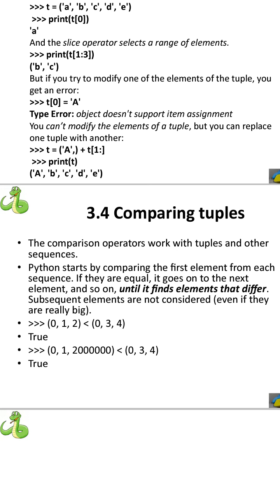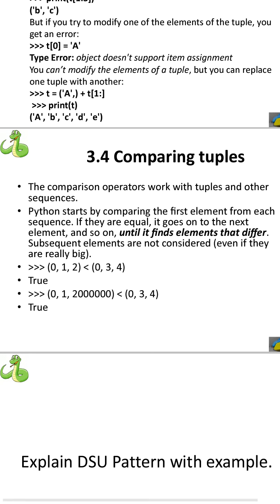Comparing tuples. The comparison operators work with tuples and other sequences also. In Python, we will compare the first element from each sequence. If they are equal, then only we will go to the next element and so on. What it means is, first I will compare the first element from the first tuple and the first element from the second tuple.